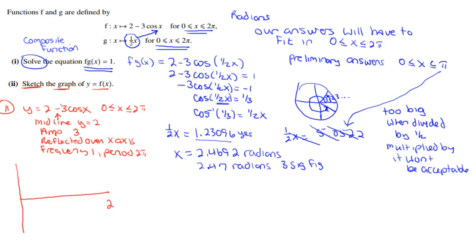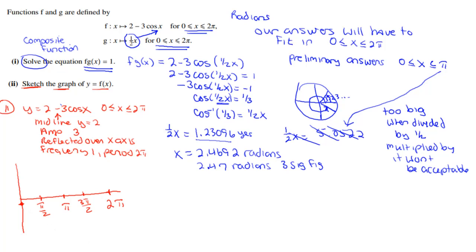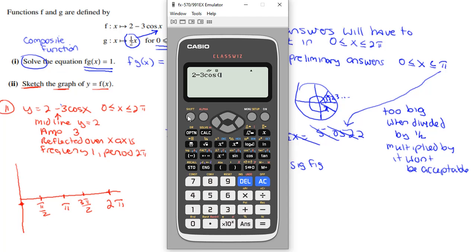So now I'm going to go in and sketch this. I'm going to write the 4 terms here: pi over 2, pi, 3 pi over 2, and then 2 pi. And all I'm going to do is take my calculator and type in the equation 2 minus 3 cosine x and put in a 0. And I get my first point, and then change it to pi over 2.